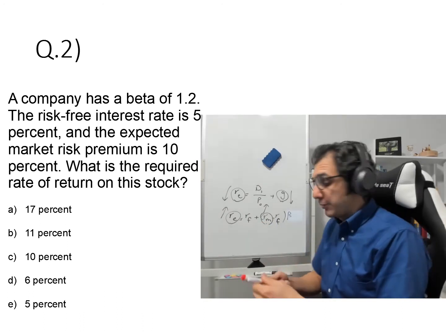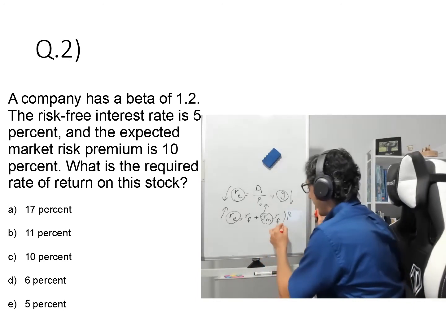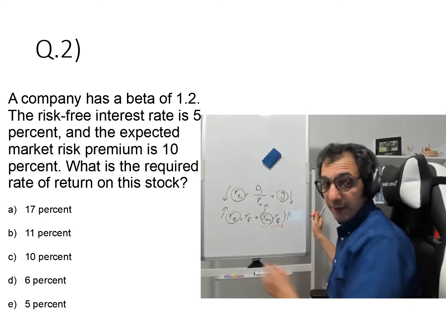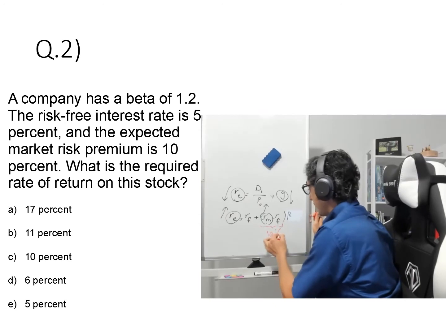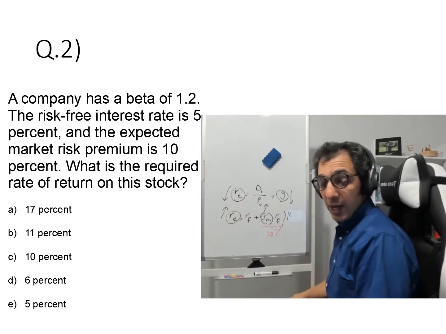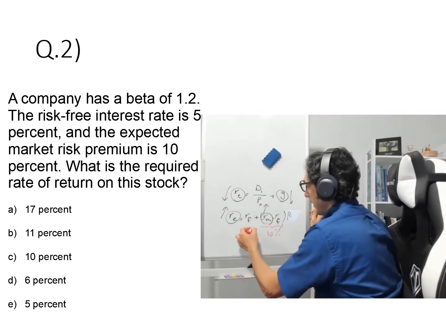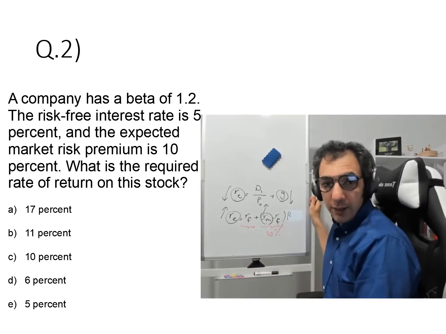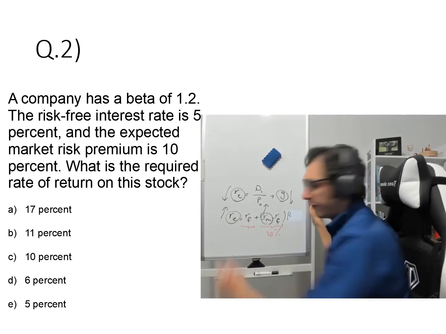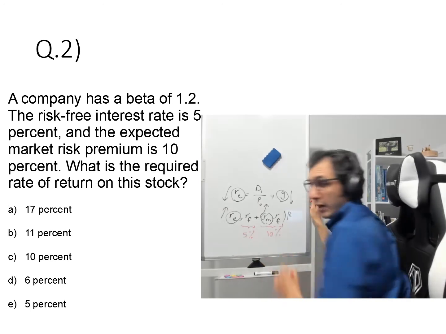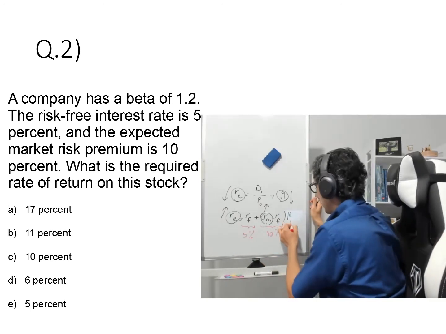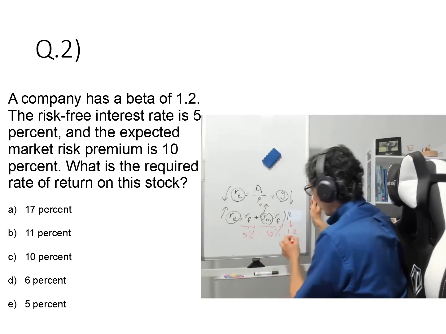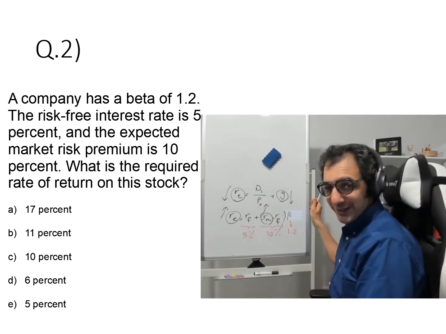So since the market risk premium is given, I can say the whole thing, RM minus RF, is 10%. Now I can plug in the numbers and find the cost of equity. The risk-free rate here in this case is 5%. The beta also is 1.2. So let's find the cost of equity. So 1.2 times 10%, 12%.